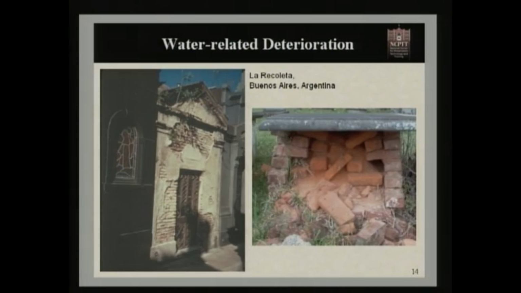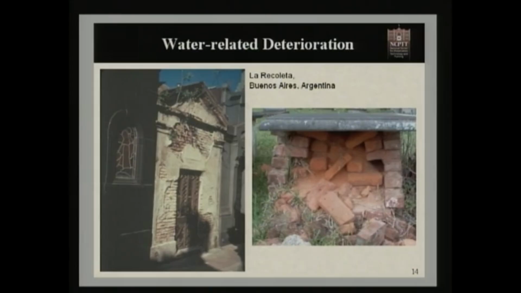On the left, we see a mausoleum in La Recoleta in Buenos Aires, Argentina. In this mausoleum, we'll see biodeterioration as a result of the tree that's growing out of the roof of the mausoleum. But we also see the spalling and loss of surfaces on this brick structure.